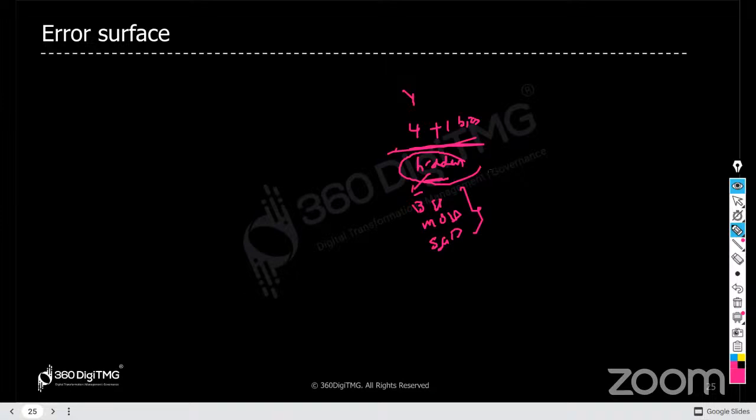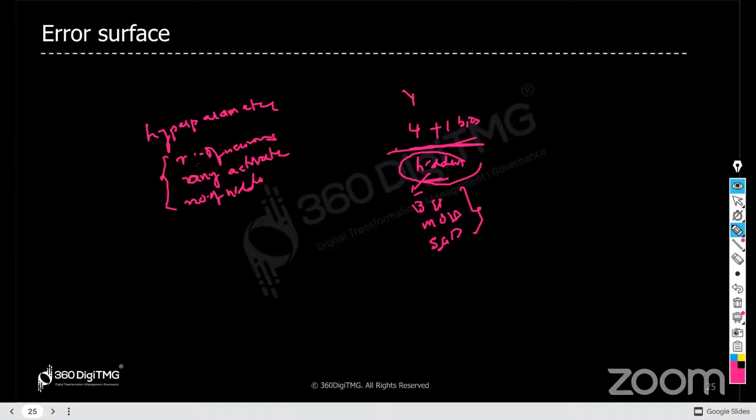So the number of hidden layers, the number of neurons in the hidden layers, and the activation function, all these are called hyperparameters.